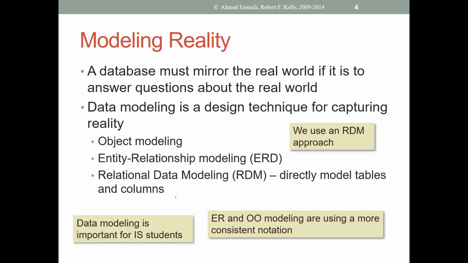So whatever database you create, it should model the reality. That's the biggest challenge. Anything that we might face in the real world should be captured in the database also. So the message is that the database that you design must mirror the real world, which is a little difficult to do.